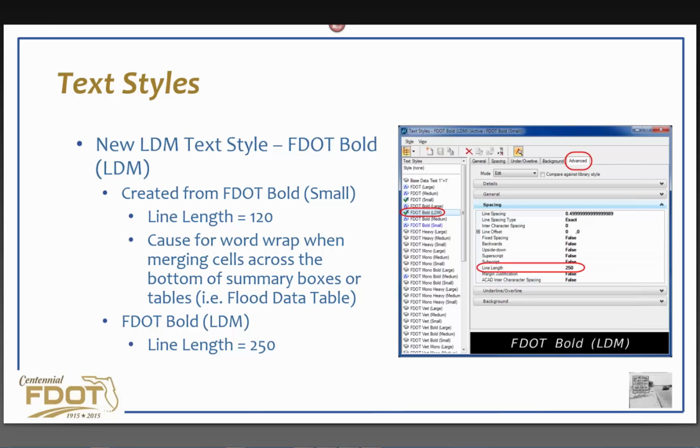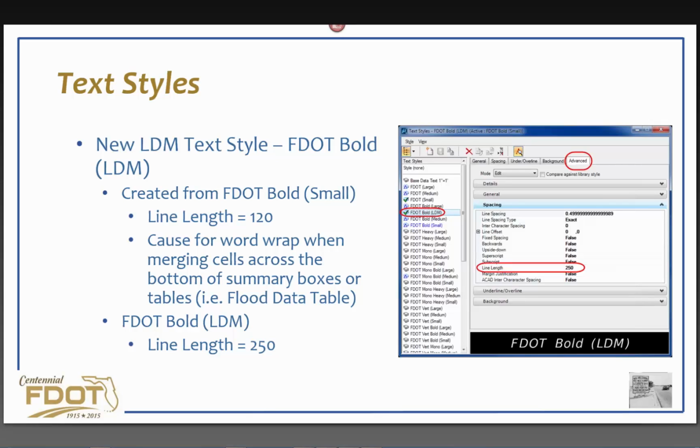The issue that we had with some of our summary boxes, and I know in particular the flood data table, when you brought that template into MicroStation, we were running into the issue where the word wrap would start sooner than it should have, and it just made your boxes not look quite right.